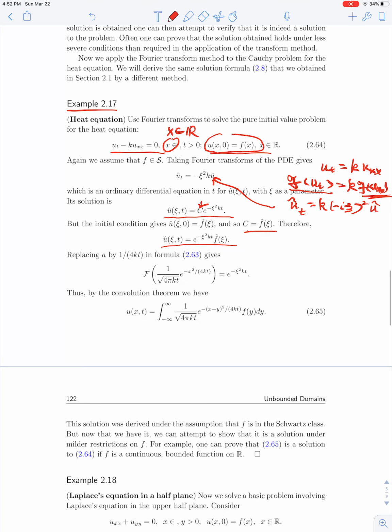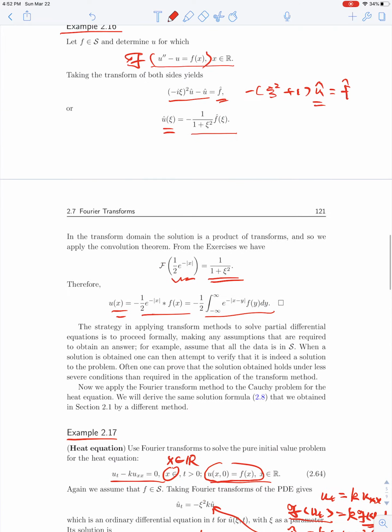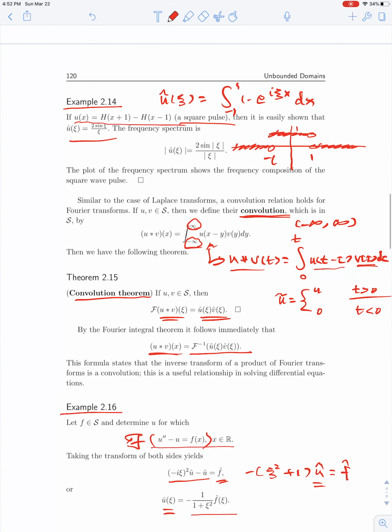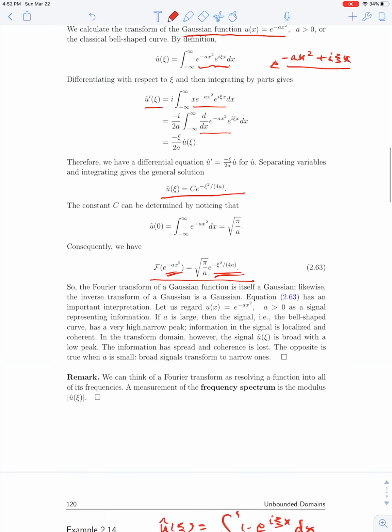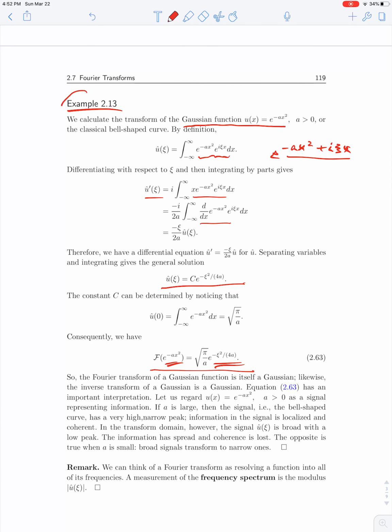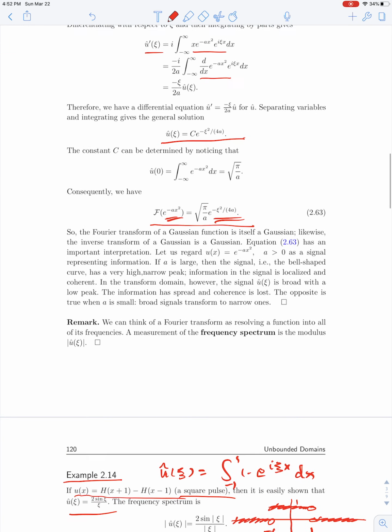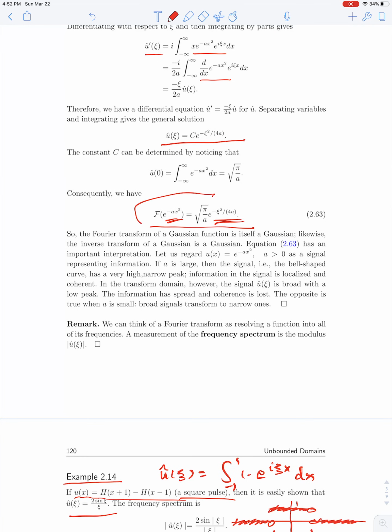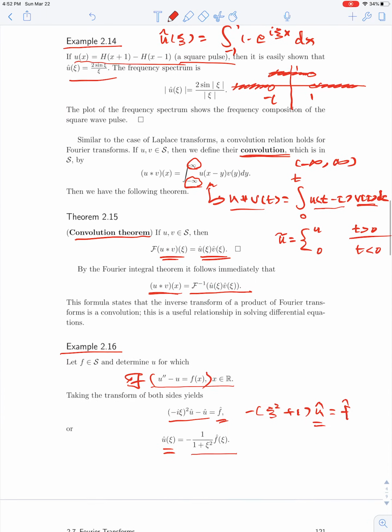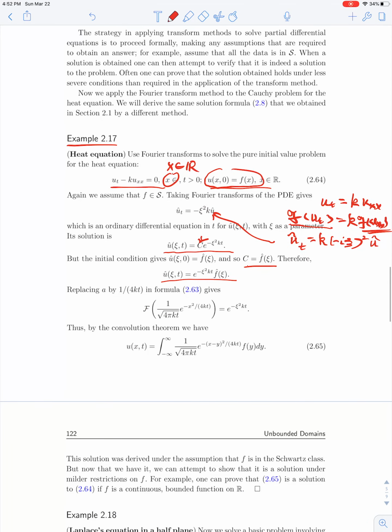Now we need to know that this is from example 2.13. In this example, we know that the Fourier transform of the Gauss function is another Gauss function, using this formula here. Then we know that the inverse Fourier transform of this factor here is this function.